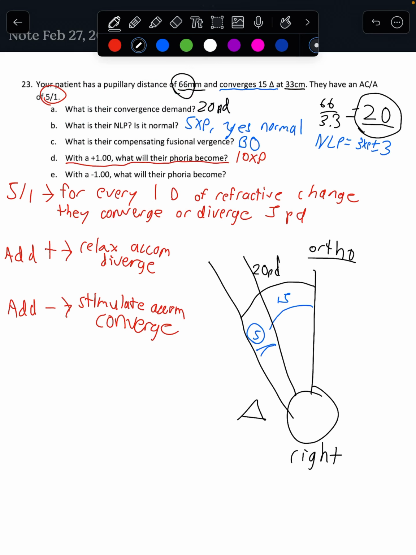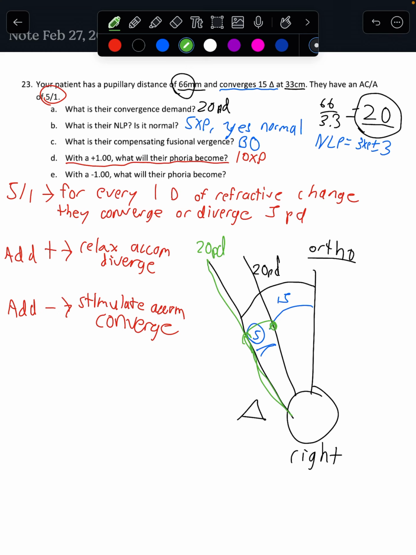So we're not putting the -1 on top of the +1. So we're starting again at this line right here where they're 5 short of the 20 prism diopters they're supposed to be. And this time they're converging, which means their eyes are moving towards the nose. They're converging 5 prism diopters, okay? So they stopped here, they converged 5 more, and they landed right here at 20 prism diopters.